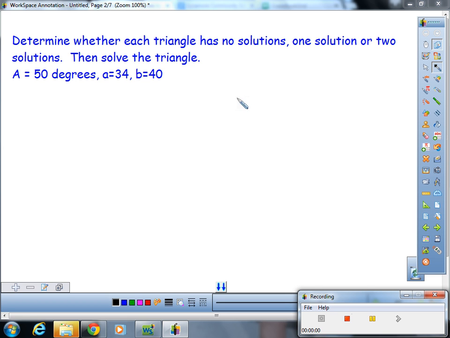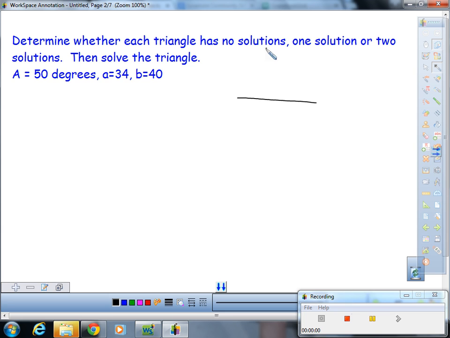Actually, let me do this. We know that angle A is 50 degrees, okay? I'll call this B up here. I'm sorry, I'll call that C up there, sorry.